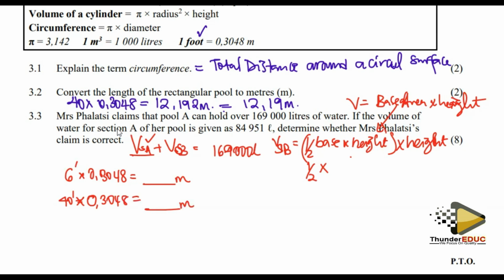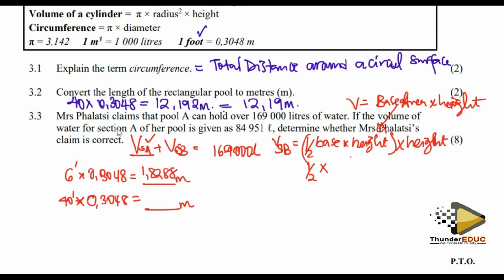And it has to be 6 times 0.3048. This is 1.8288.